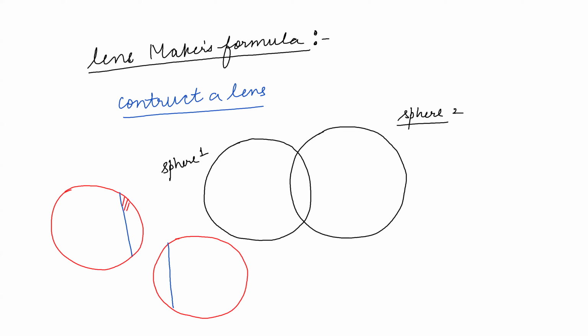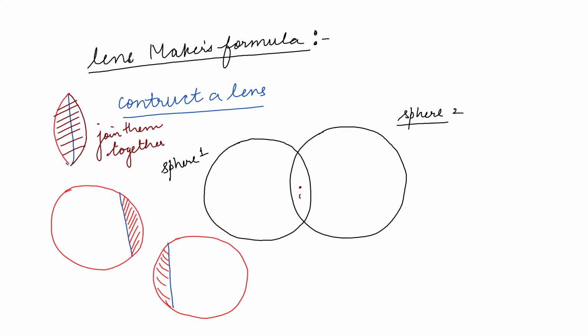I take this part of the sphere and this part of the sphere, and I'll join them together. And hence I'm going to make a lens of a certain focal length. Yes or no? So do we understand that this middle portion is called the optical center?